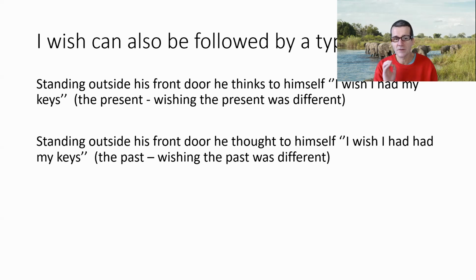So this is actually talking about the present, even though it's used in the past simple. Basically, we use past simple here because he wants the present to be different. If he had his key, he would be able to get inside, maybe make a cup of tea. Life would be much better, but he doesn't have his key.